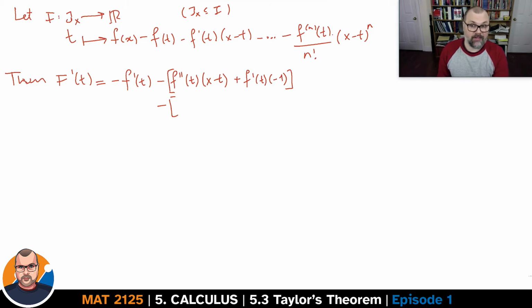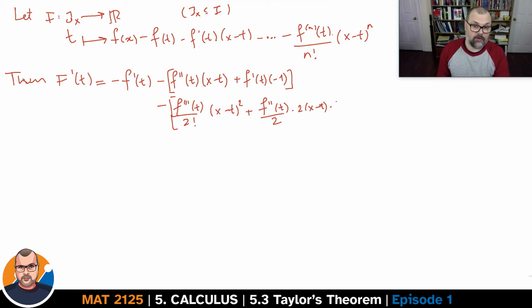f double prime at t divided by 2 factorial times (x minus t) squared. So that gives us the derivative of the first term, f triple prime divided by 2 factorial times (x minus t) squared, plus the derivative of (x minus t) squared.